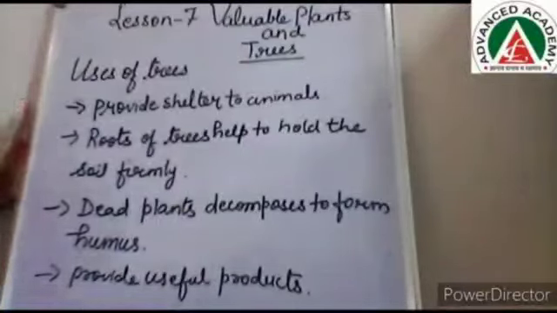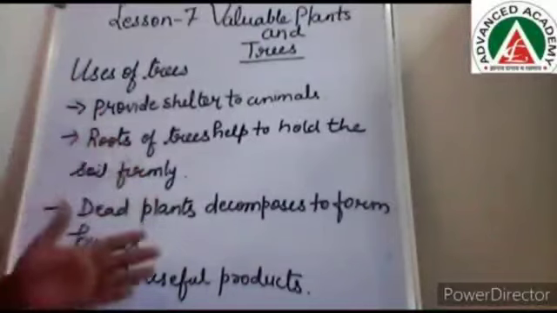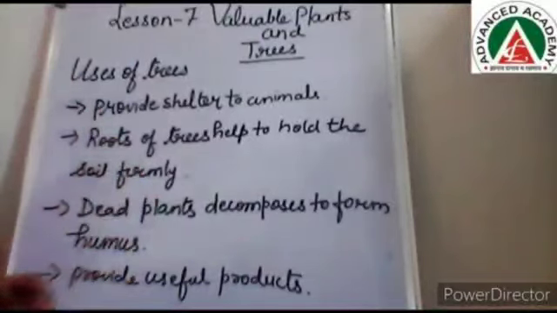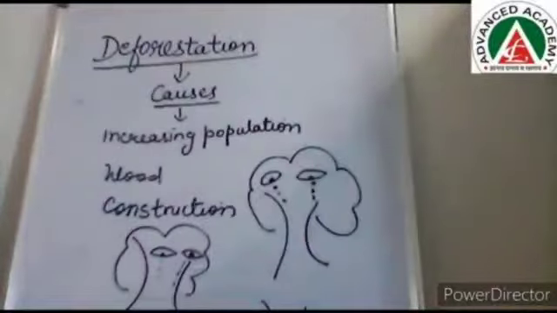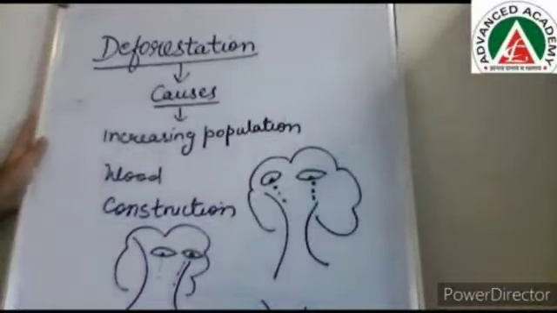Now let us understand what deforestation is. Deforestation means the process of cutting down trees. Students, as I told you, the process of cutting down trees is called deforestation.